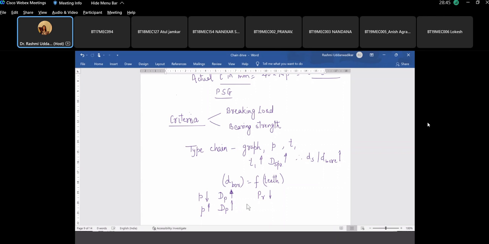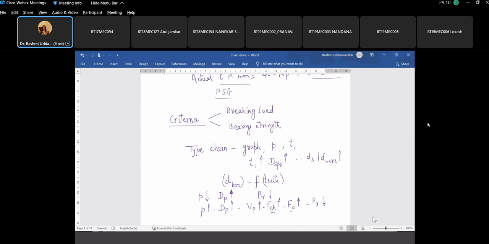With the increase in the pitch diameter, the peripheral velocity increases. With the increase in the peripheral velocity, the chordal action increases, the centrifugal tension increases, and these two components, they are undesirable, and which leads to decrease in the power transmission capacity.